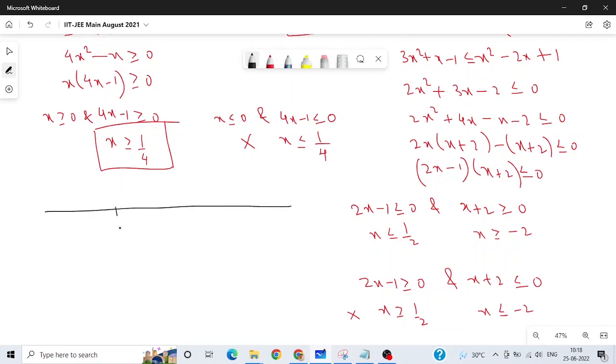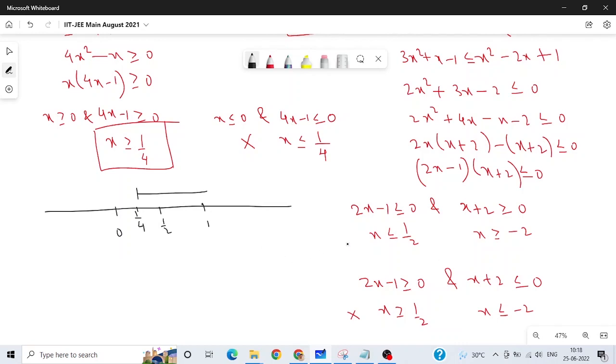As for the first one, we already got that x is greater than or equal to 0, so it is on the right-hand side of 0. And from one more equation we got, if I take this as 1 here, then here it's 1/2 and then here it's 1/4, that x is greater than 1/4.